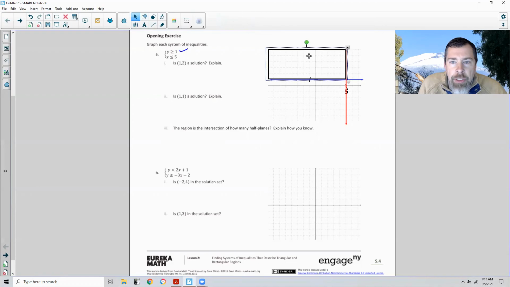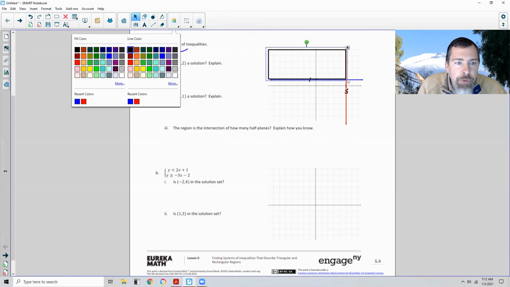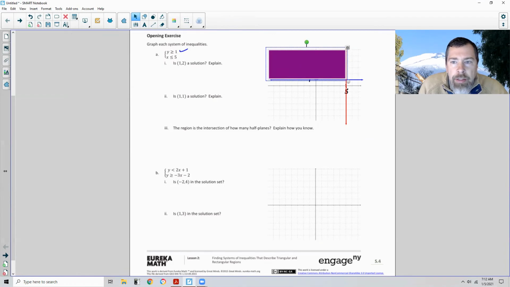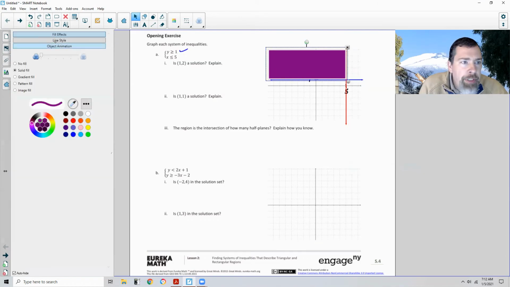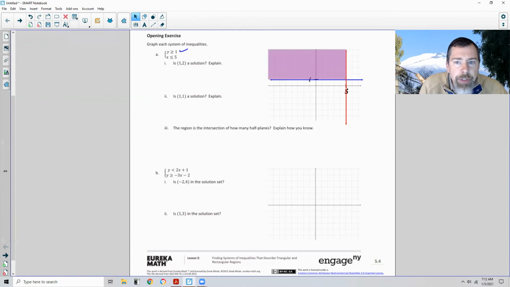Let me adjust the line color to none and the fill color to purple, and go to properties and fill effect. I want to see through it. So there we go. All right. So there is the solution to my system.